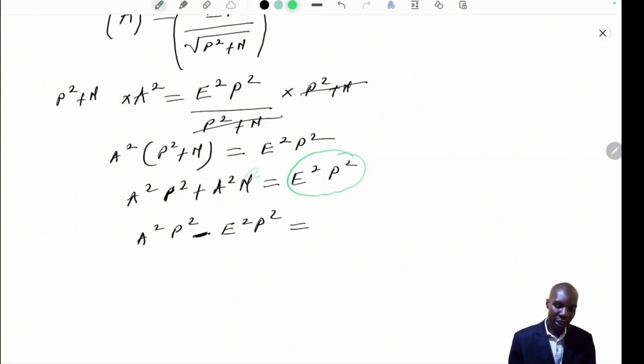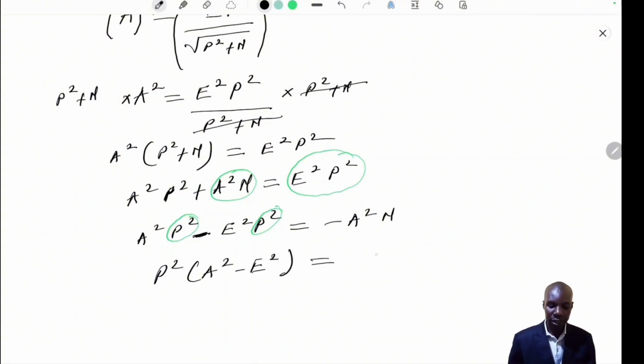If we bring a squared n to the right hand side, then we'll have minus a squared n. So what is common on the left hand side? We will find that p squared is common. So we'll have p squared in bracket a squared minus e squared should give us minus a squared n.